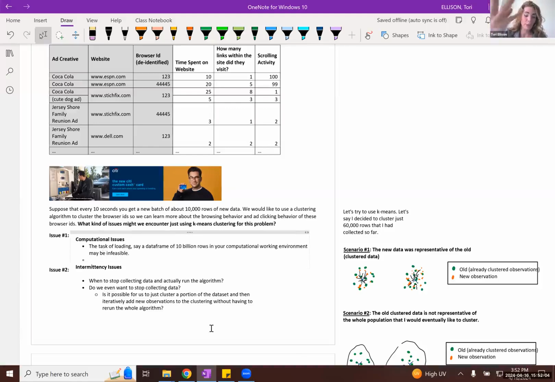So the task of loading the entire data set, if you want it to be large, is going to be problematic. And then in addition, while k-means tends to be one of the fastest clustering algorithms, it does not hold up, unfortunately, against really big data sets.